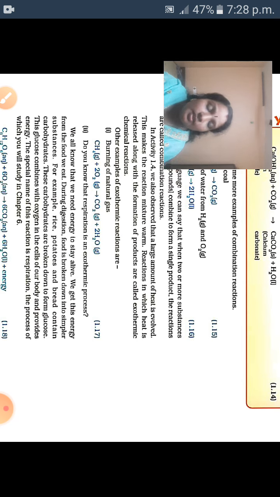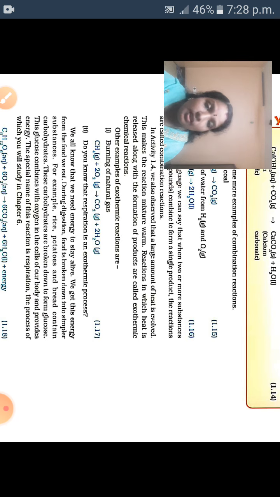During digestion, the food is broken down into simpler forms, decomposed into simple products. For example, rice, potatoes and bread all contain carbohydrates.